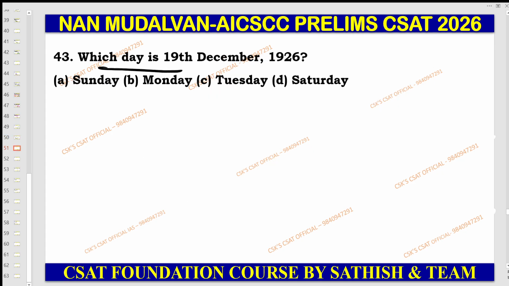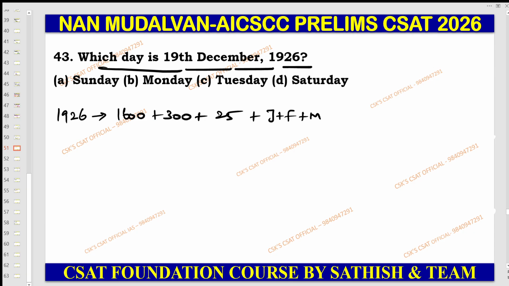Which day is 19th December? You guys know this kind of thing, right? 1926, we have to split up 1600 plus 300 plus 25 completed years.